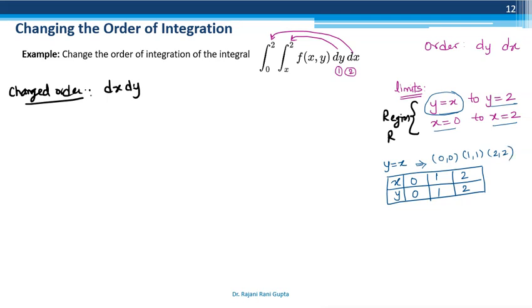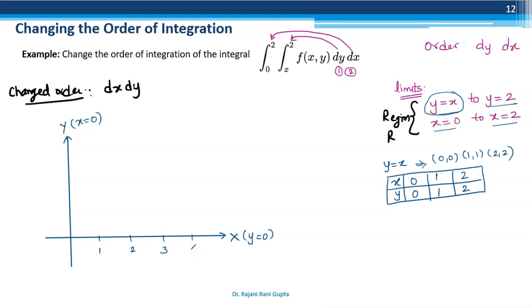Okay, so let's plot the graph. When we draw the graph, this is the x-axis, this is your y-axis. We know that on the x-axis, y is equal to 0, and on the y-axis, x is equal to 0. Now, let's say you have the points here 1, 2, 3, 4.